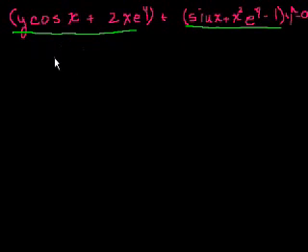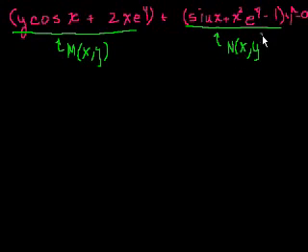So, if this is an exact equation, this is our function m, which is a function of x and y. And this is our function n, which is a function of x and y. Now, the test is to see if the partial of this with respect to y is equal to the partial of this with respect to x. So let's see.